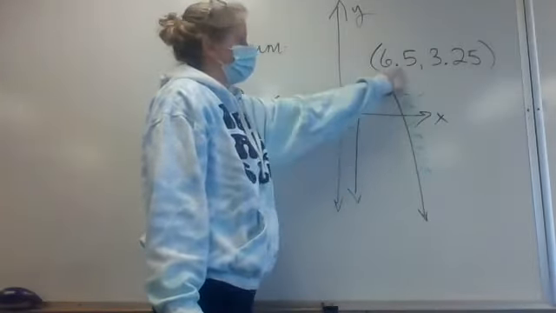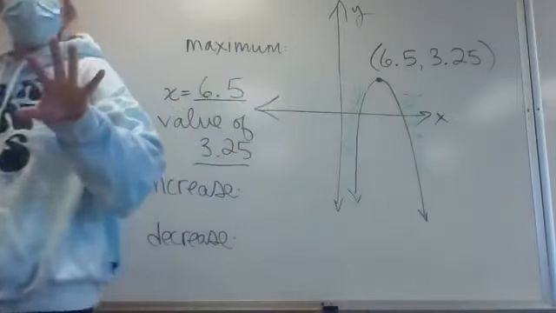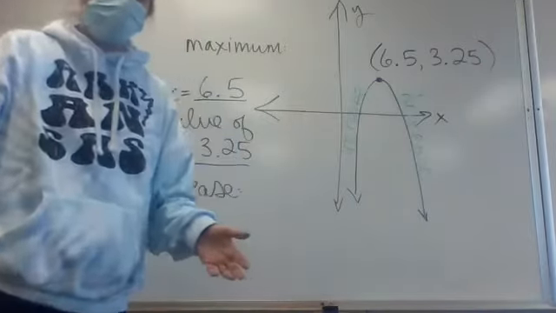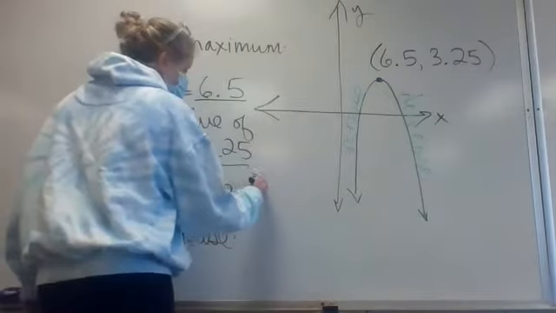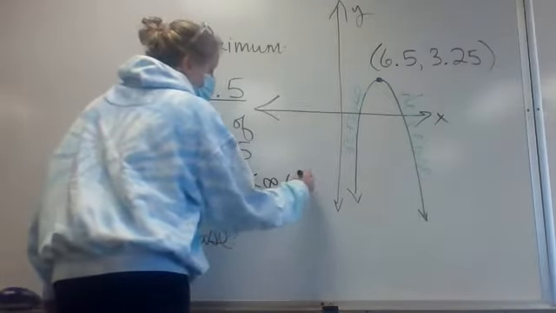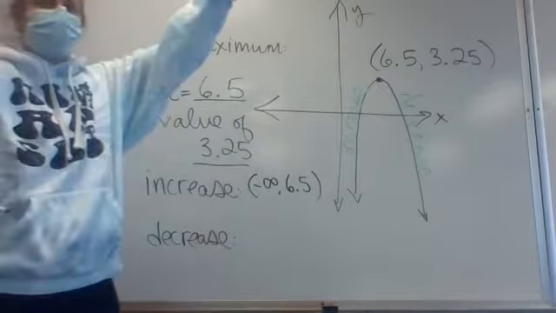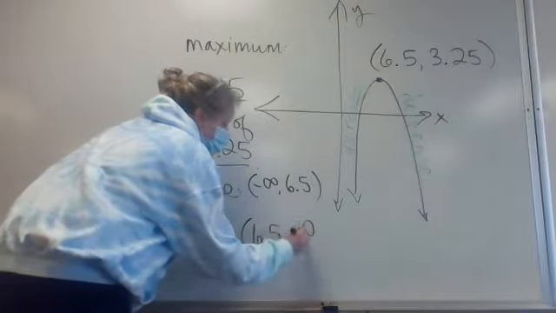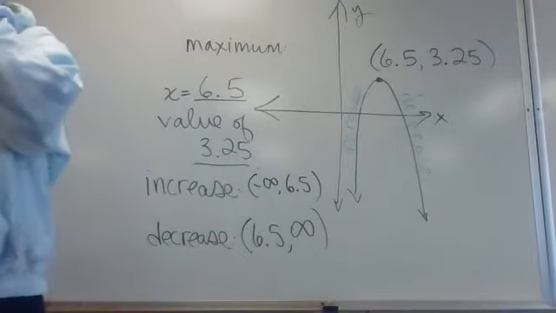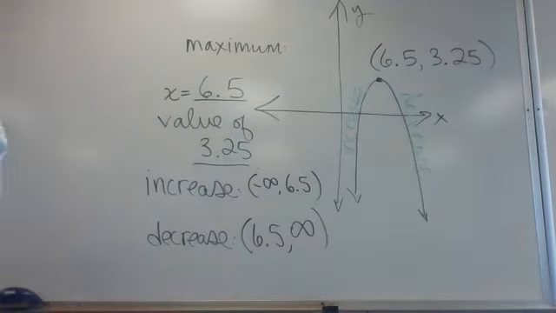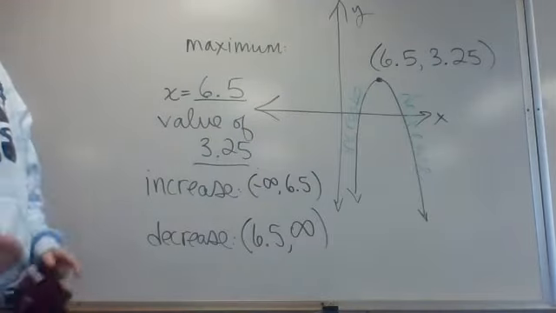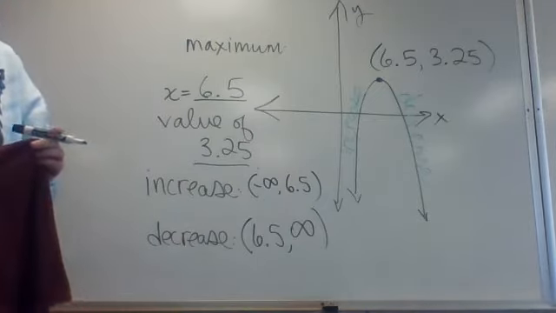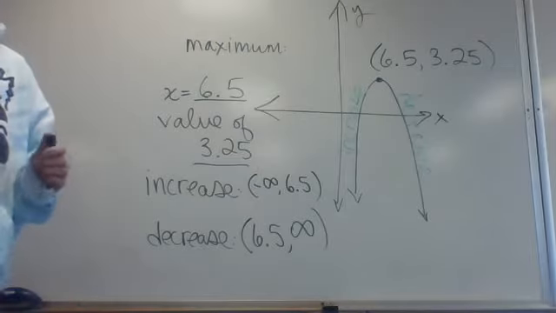Negative infinity until it gets to 6.5, right? Because when we do increase and decreasing, we use the x coordinates, and everybody has parentheses. So from negative infinity to 6.5, which is where it starts to do what? Decrease. So it decreases from 6.5 to positive infinity. That's number 7.